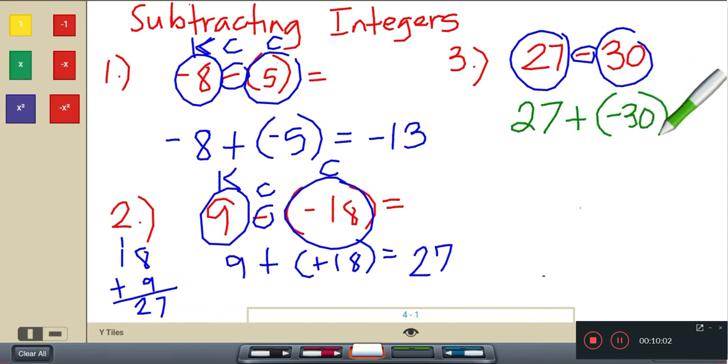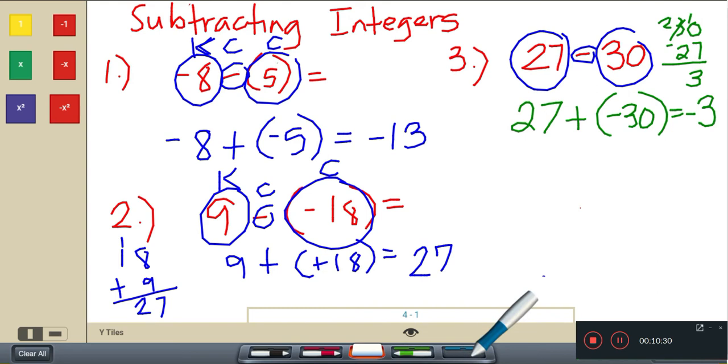Now you will subtract because they're unlike signs. 30 minus 27 is what? 3. Which one has the greater integer? Negative 30, so you copy that sign. So the answer is negative 3.